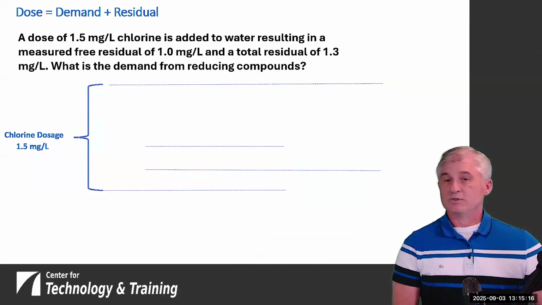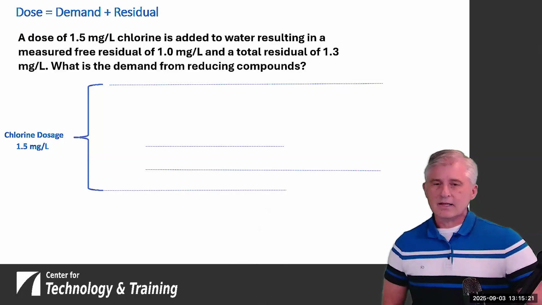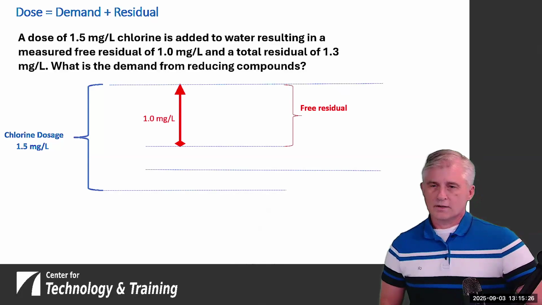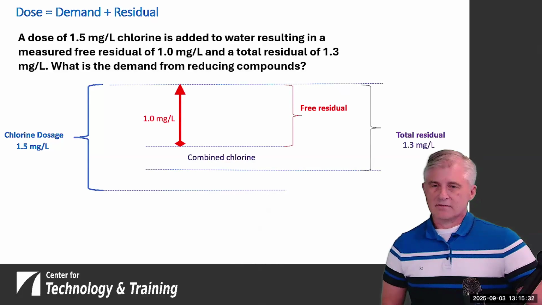What is the demand from reducing compounds? So we had mentioned before that we weren't seeing any residual initially due to those reducing compounds. So we have 1 part per million or milligram per liter of free residual. We have 1.3 of total. So that would tell me that our combined is 0.3, the difference between our total and our free. But if we applied 1.5, what would our demand from the reducing compounds be?